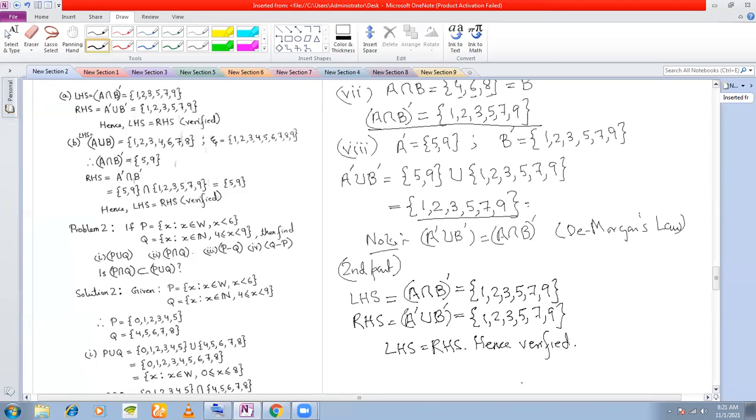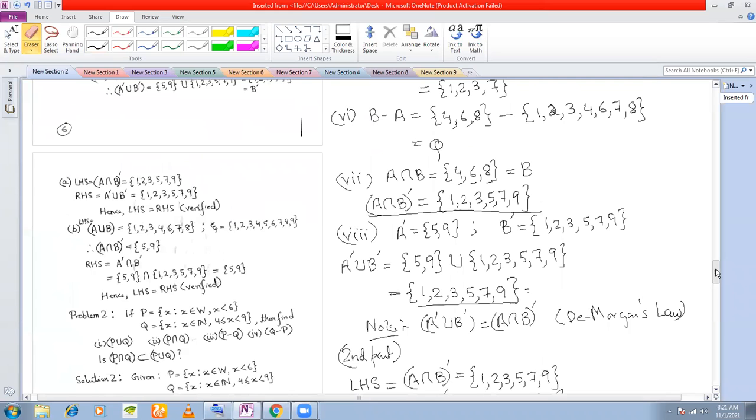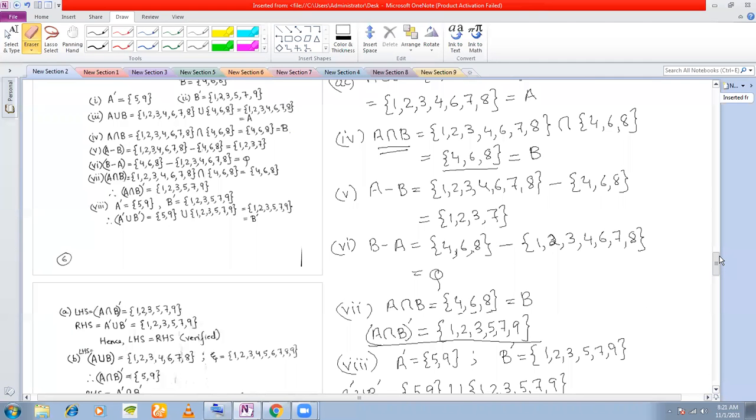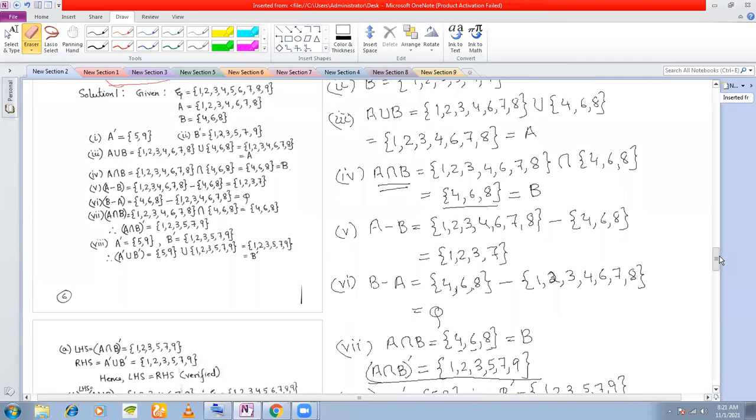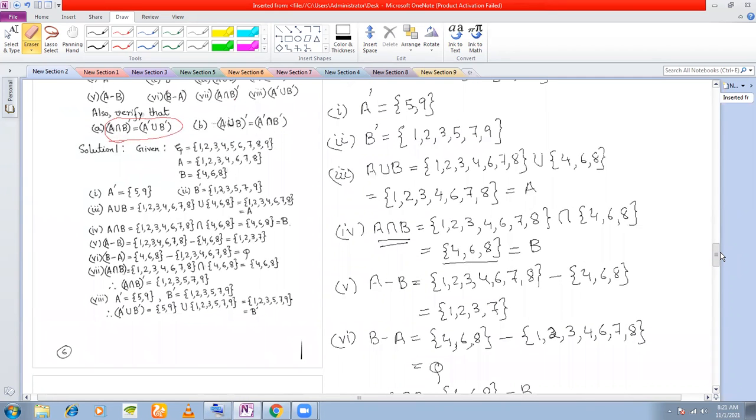So whenever verification questions are given, this is how you will do it. If they simply ask you to find sets, then you do as I have done earlier. But when verification questions are given, you will write LHS and RHS.